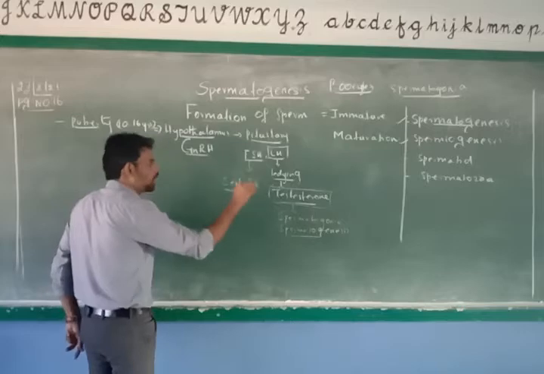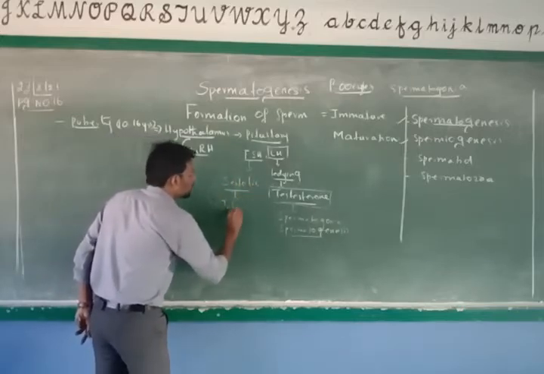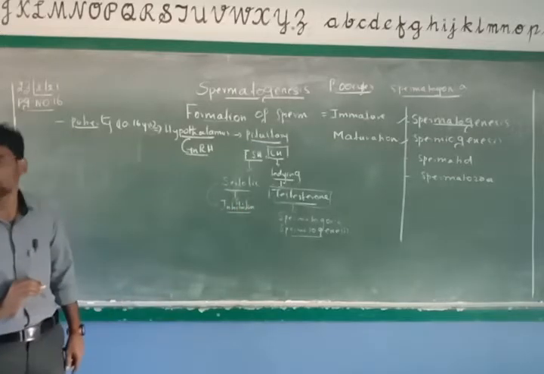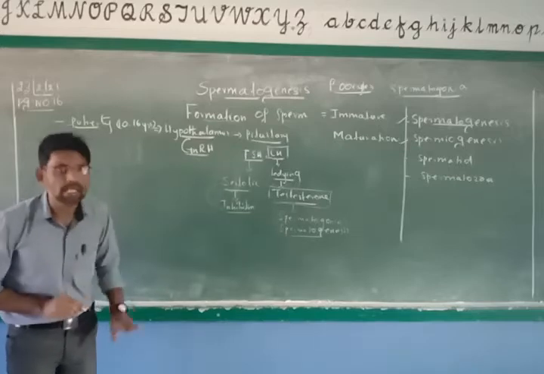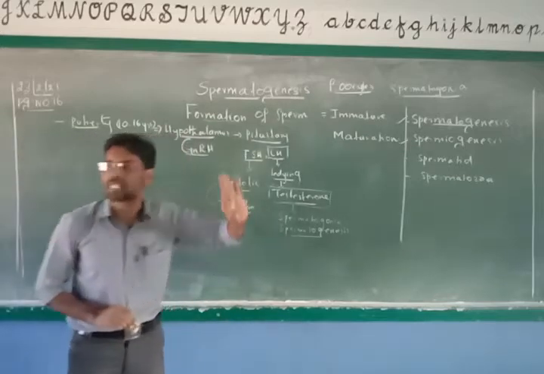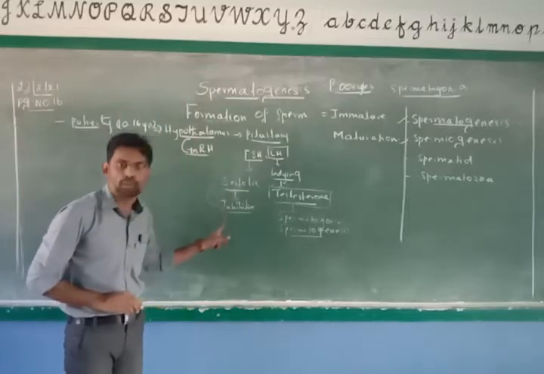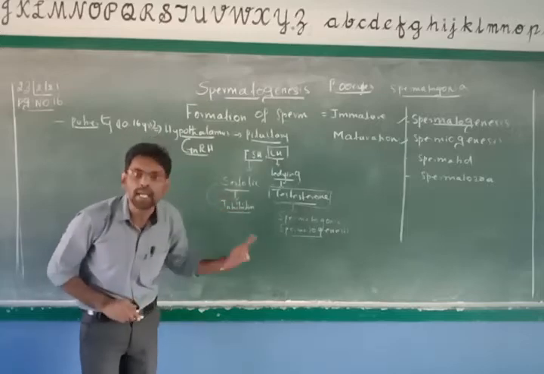You remember, it is not in the book, but still it can produce a hormone called inhibin. Whenever the testosterone level is increased, this FSH hormone will act on the Sertoli cells, and it will produce a hormone called inhibin or inhibitin.